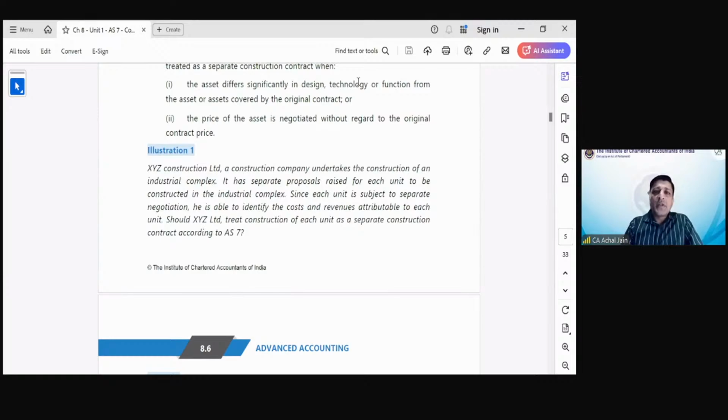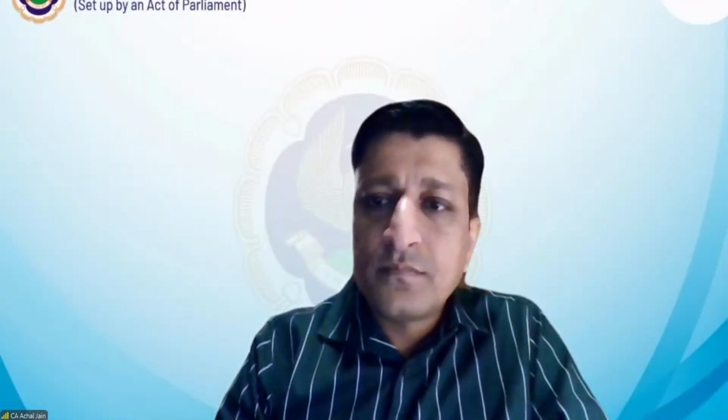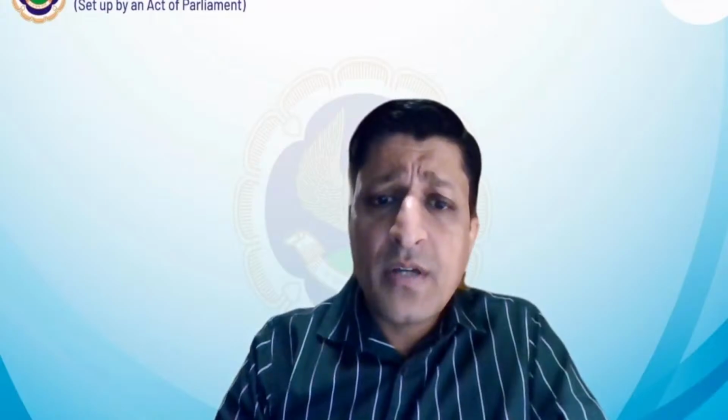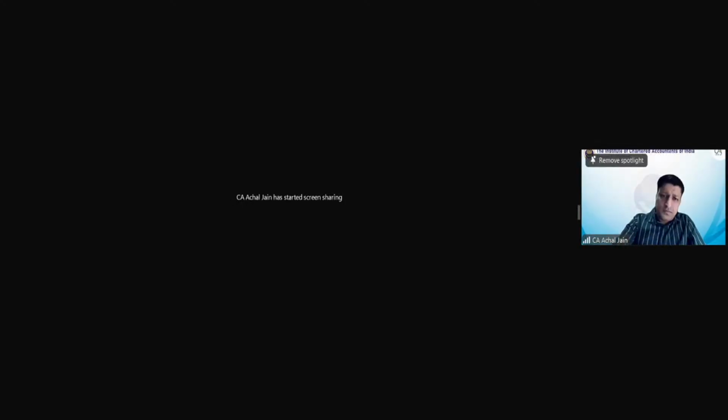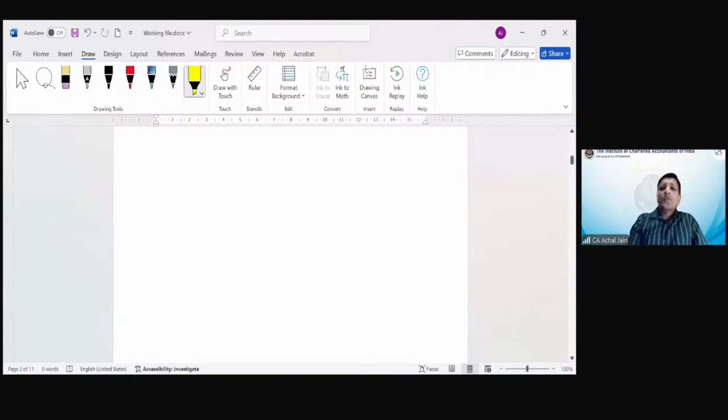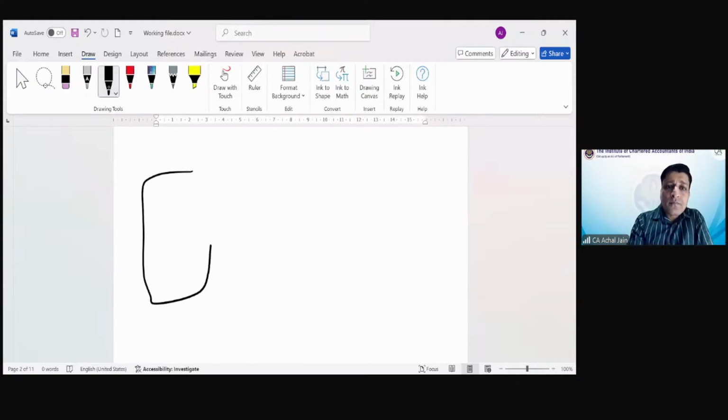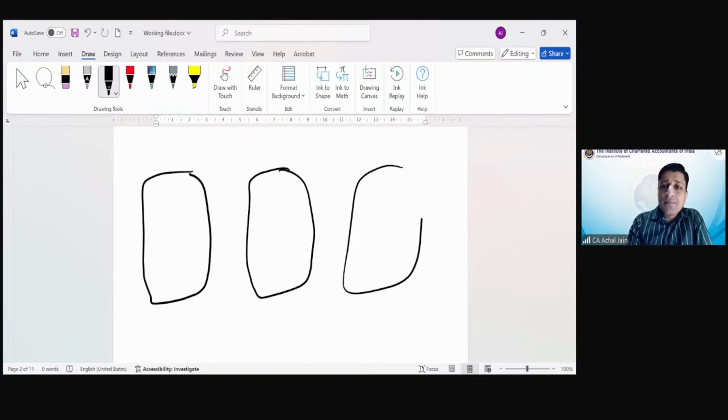Okay, so let me try to get onto this part. Let us look at this. Let's suppose there's a complex which is required to be constructed. In this context, what will happen? Let's suppose 3 units will be constructed.